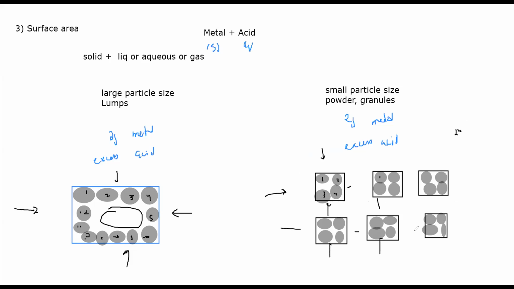So which one will have a faster rate or speed of the reaction? Lumps or powder or granules? Which of them will react faster with acid?